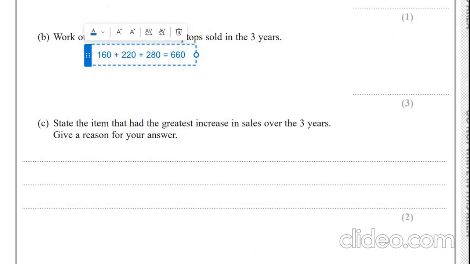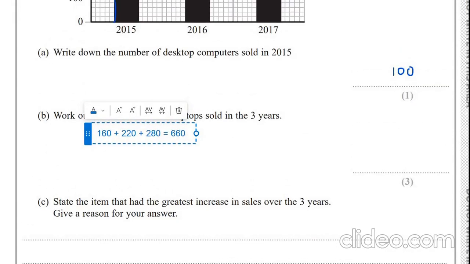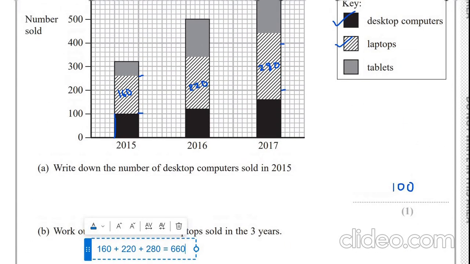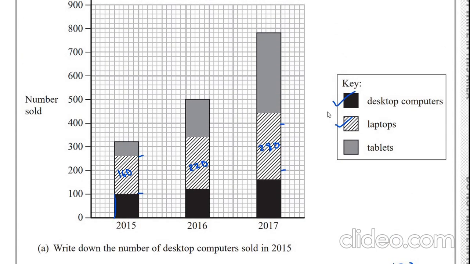Right. Well, give a reason for your answer. The item that had the greatest increase in sales over the 3 years. Well, we need to go back to the chart and see which one had the greatest increase. So it looks like tablets.